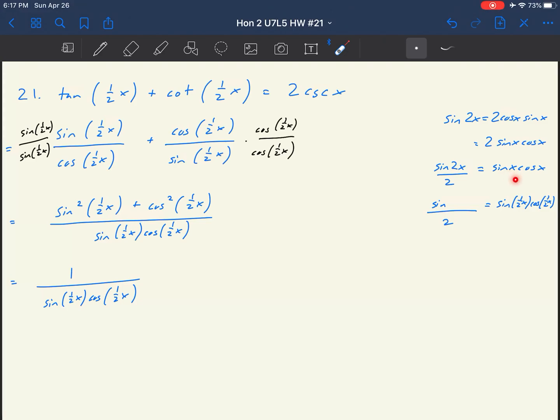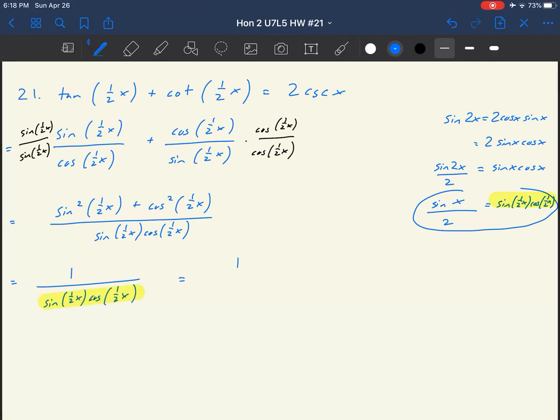What I've done is gone from x, half x, half x. So if these are x's and this is a 2x, if these are half x's, this has to be an x. Now if I take this and sub for that, watch what happens.